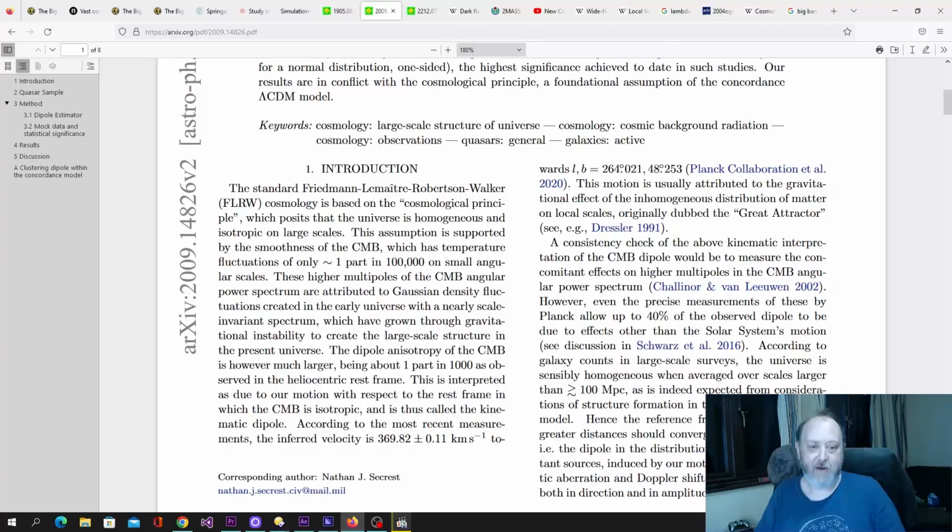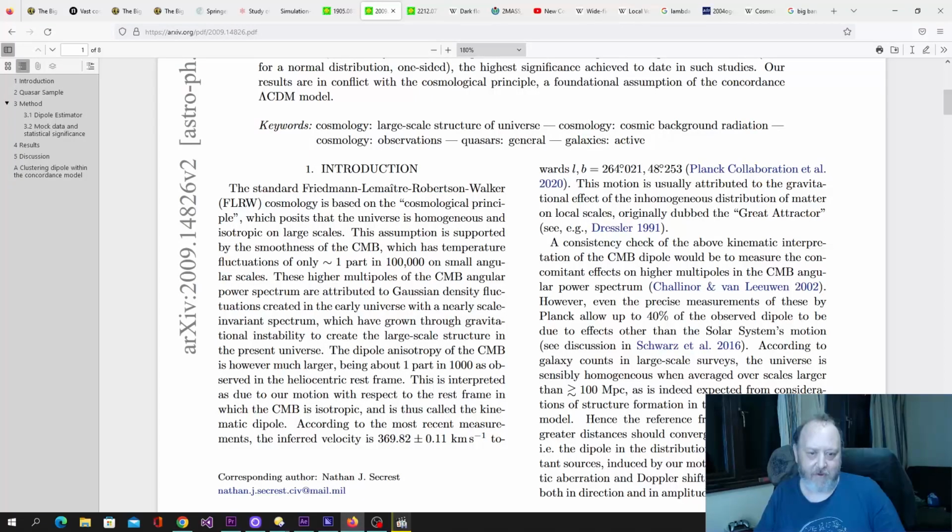These higher multipoles of the CMB angular power spectrum are attributed to Gaussian density fluctuations created in the early universe with a nearly scale invariant spectrum. What exactly do they mean, scale invariant spectrum? Anything with the word scale invariant in it is always interesting. So let me reread that for you.